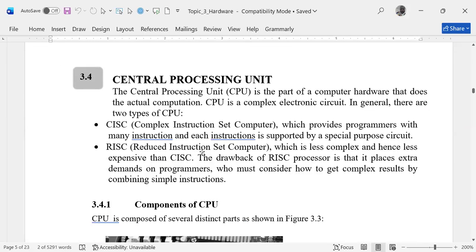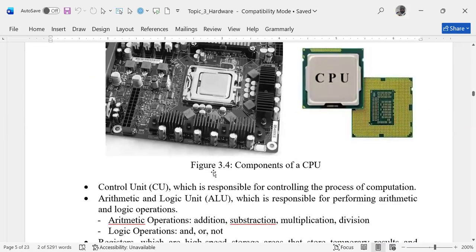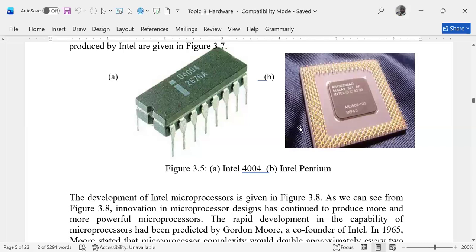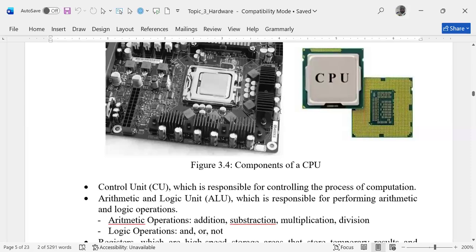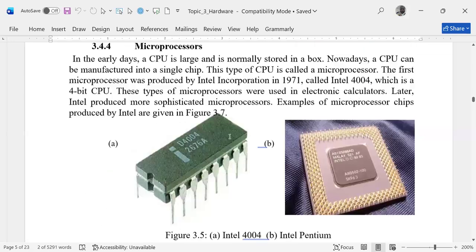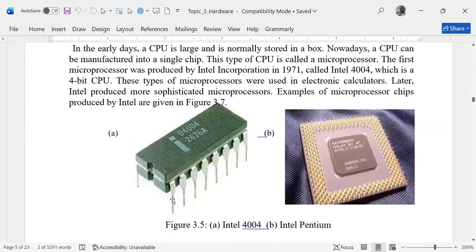We know the CPU. This is the old type of the CPU. Today, the CPU is in the form of a small chip that can perform a lot of jobs. Look at the old type of CPU here, and look at the pins here.